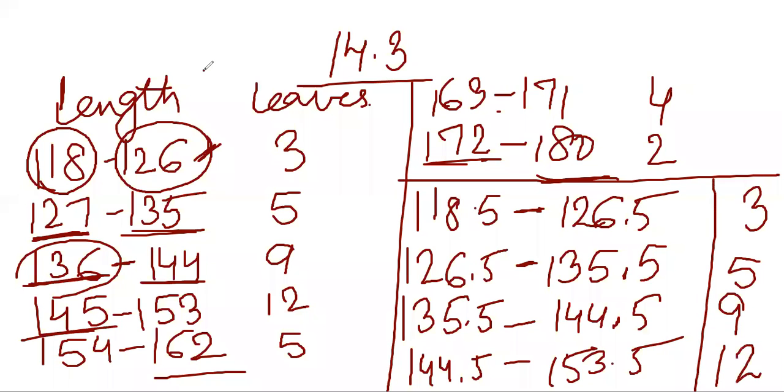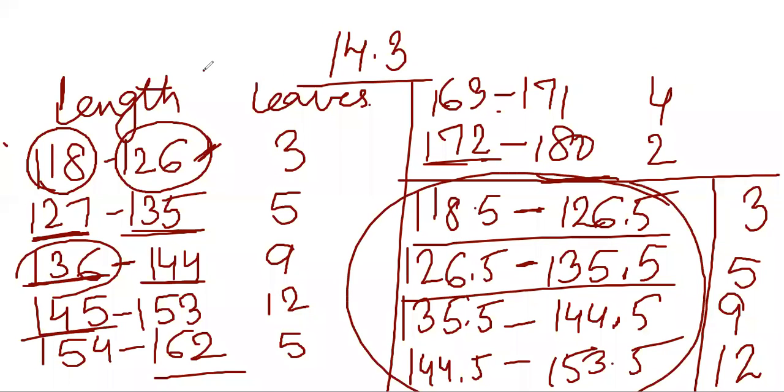Then you can make the graph easily by taking this much gap. Is that okay? So here you can make the histogram easily by taking the gaps of the continuous intervals we have taken, right? And the fifth question is also the same.